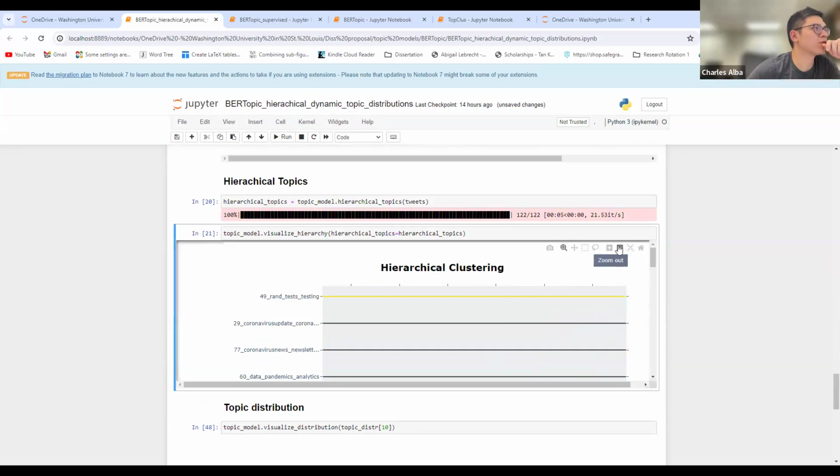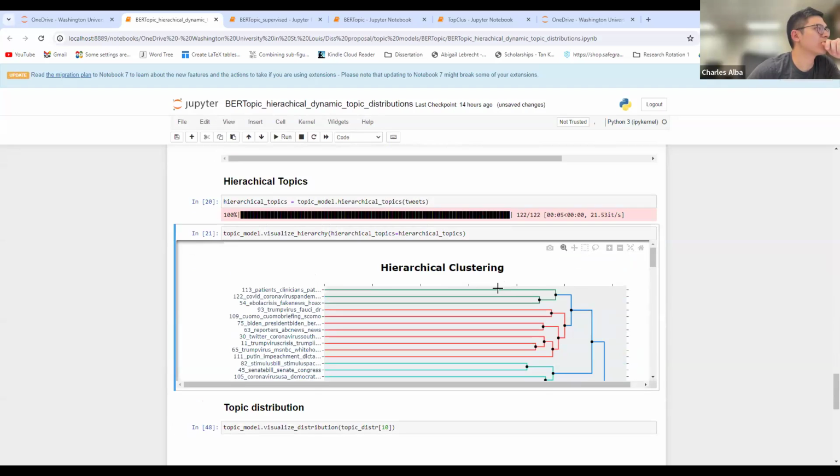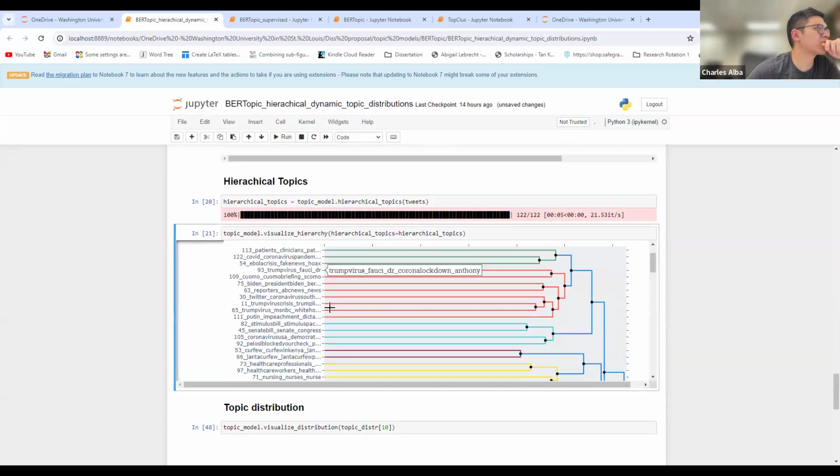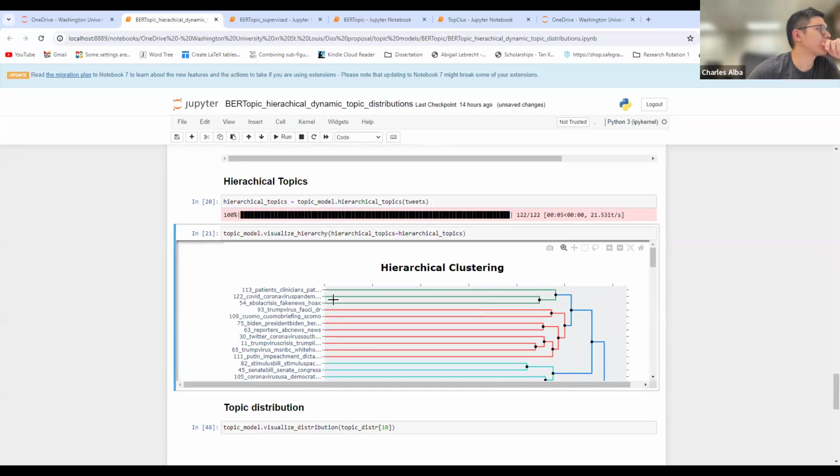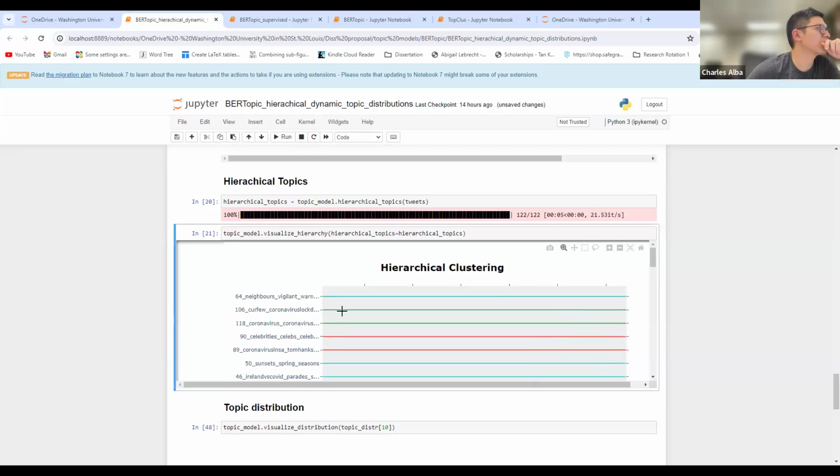Not very nice. Never mind. So here it's something about patients. Okay, let's use something more. Okay, there we have it. Something about curfew, coronavirus, lockdown, and coronavirus. Okay, here's a good one.